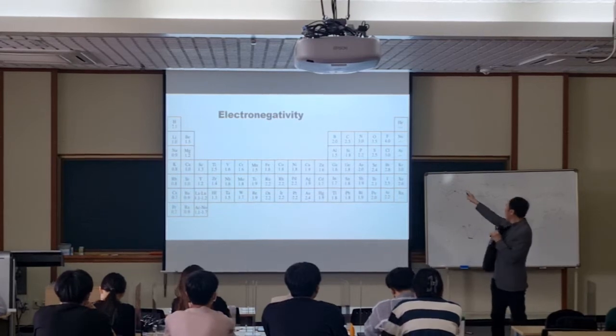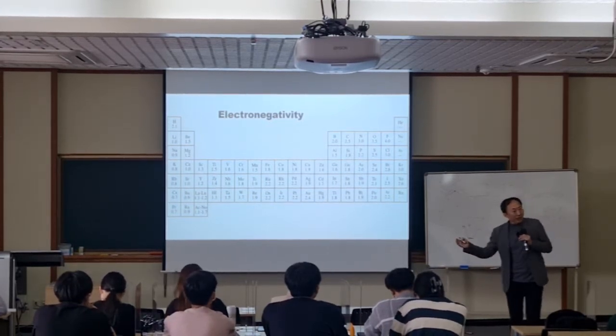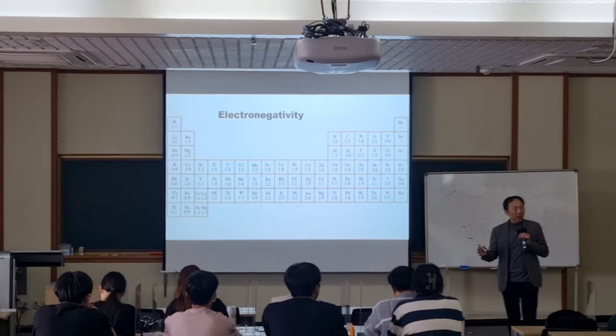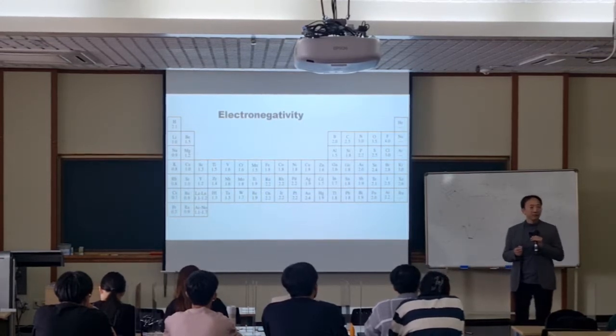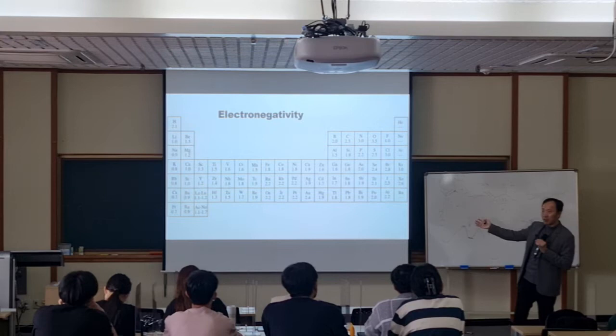Now comparing 2.5 to 4, that can make maybe 70% shifted. That makes a heteropolarized bond, right? The CH bond is not that polarized, slightly polarized. What is the other possibility?